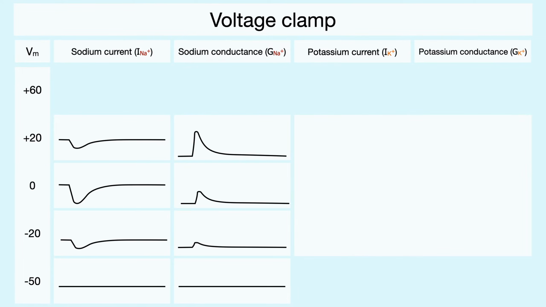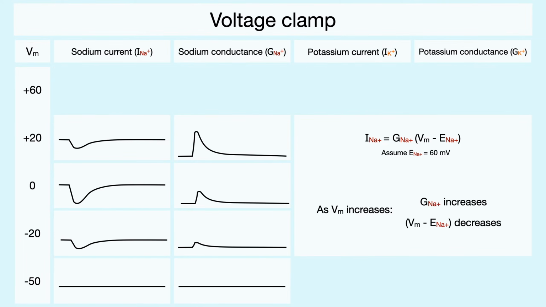To understand what happens here, let's use the equation of current as a reference. So, as the membrane potential increases, the conductance increases because it is a property of the channels, and the channels themselves are increasingly voltage dependent. Remember, however, that the equilibrium potential of sodium is about 60 millivolts, and thus, as the membrane potential increases, the driving force decreases because Vm and the equilibrium potential of sodium are approaching one another.